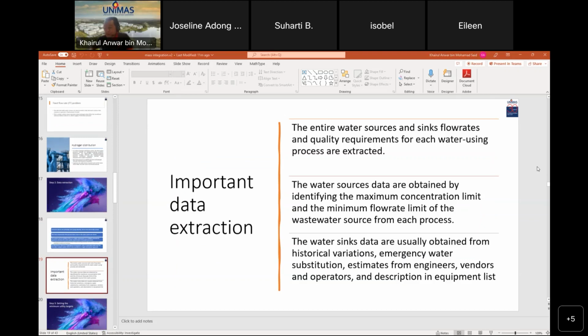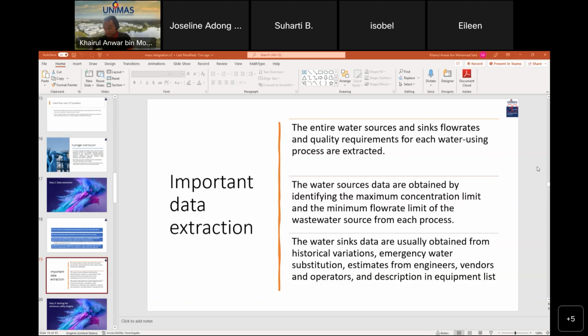So what is important in data extraction: the entire water resource and sink flow rate and quality requirement for each water using process are extracted. All of it is from the process. The water source data are obtained by identifying the maximum concentration limit and the minimum flow rate limit of the wastewater source from each process.